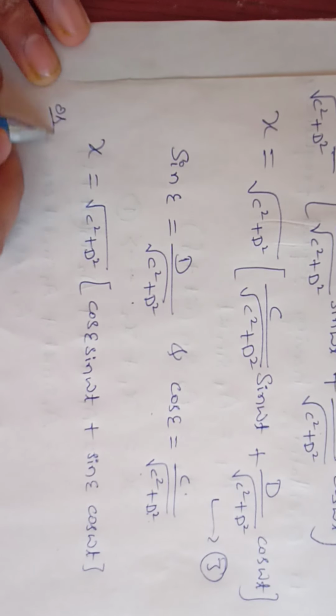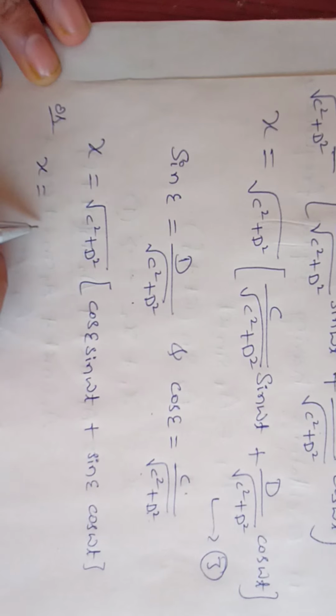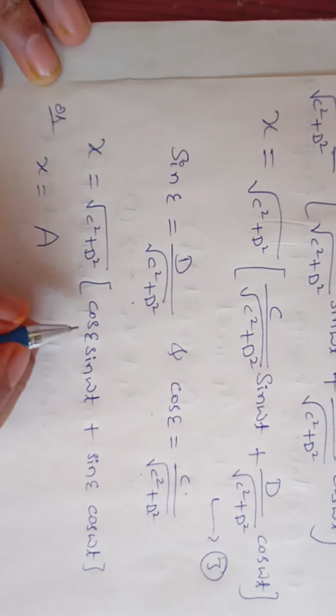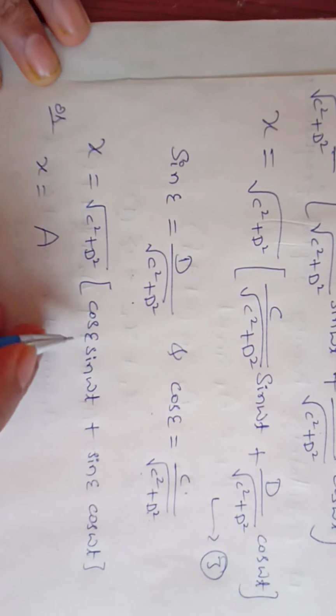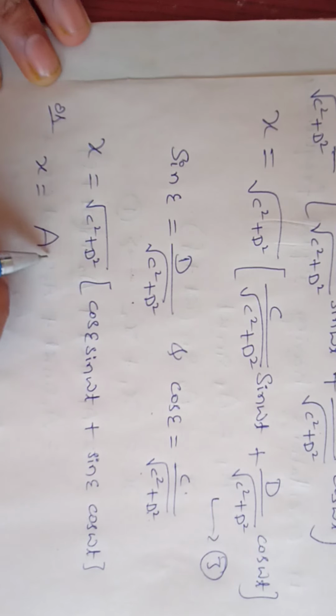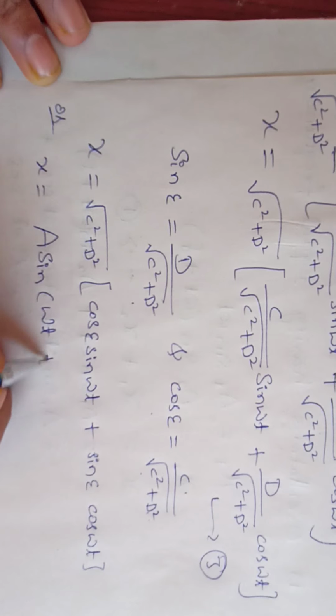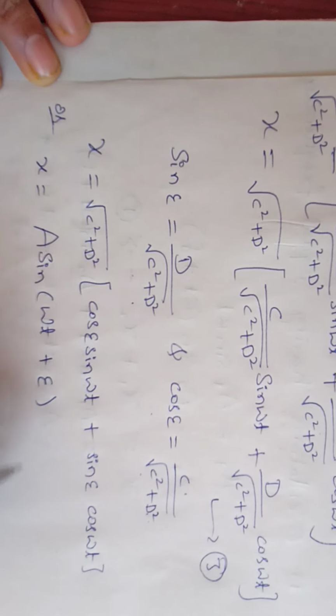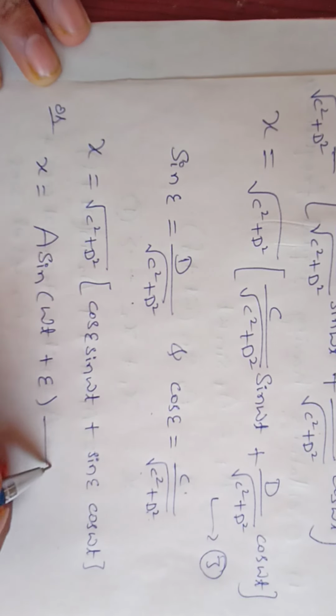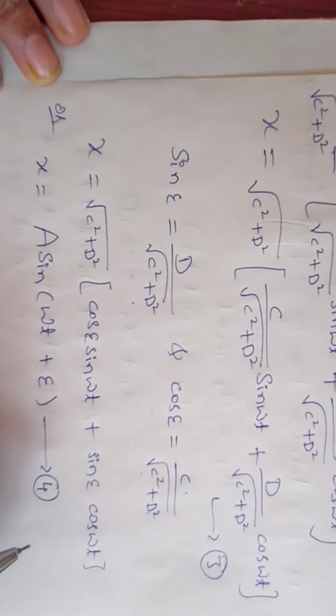Again this is in the form of sin a plus b, so we can write it as A sin omega t plus epsilon. We call this equation number 4.